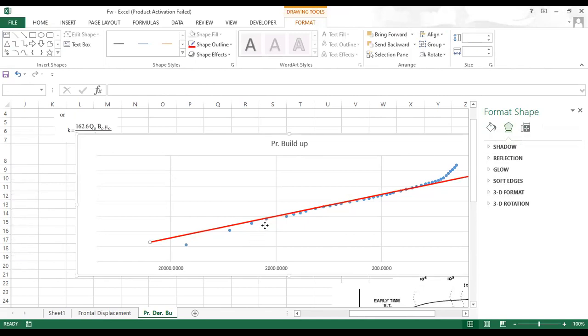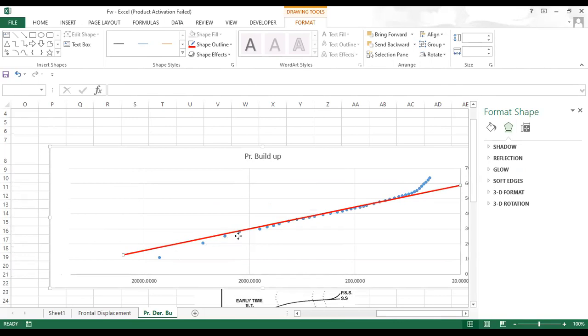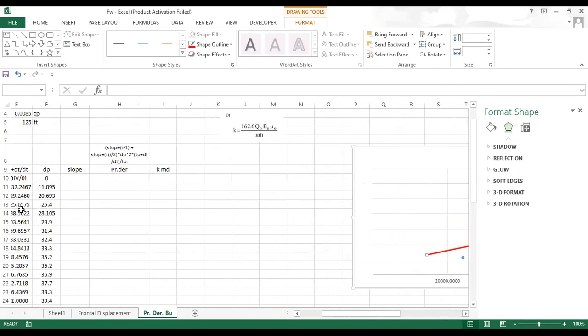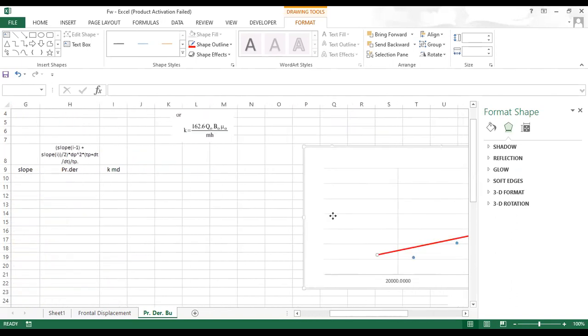I'm ignoring these 4 points at the initial stage, and after that I'm ignoring maybe 10 points from the last. So the last 10 points have been ignored from the other side, and the first 4 points have been ignored. Why? Because I need to estimate the slope from this. So I'm going to estimate the slope over here. This is the graph in between.